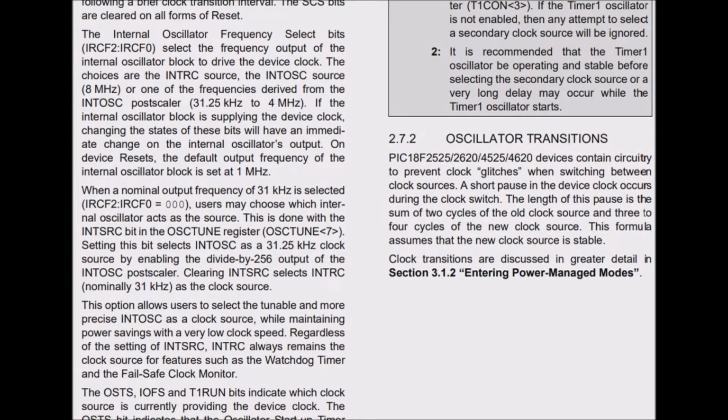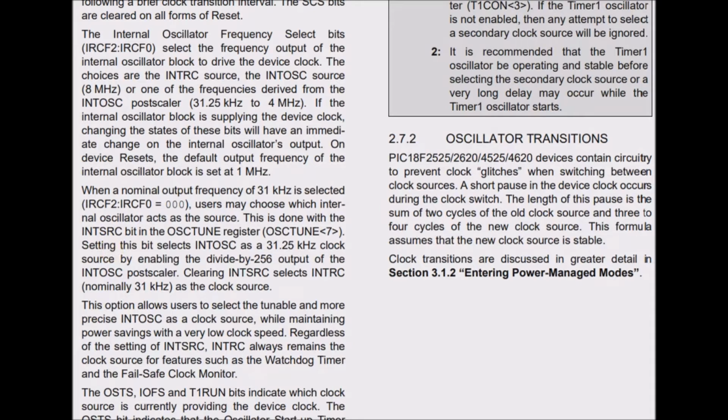When a nominal output frequency of 31 kHz is selected, IRCF2 to IRCF0 equals 000, users may choose which internal oscillator acts as the source. This is done with the INTSRC bit in the OSCTUNE register, OSCTUNE 7.